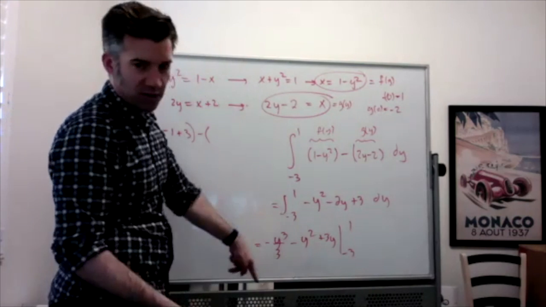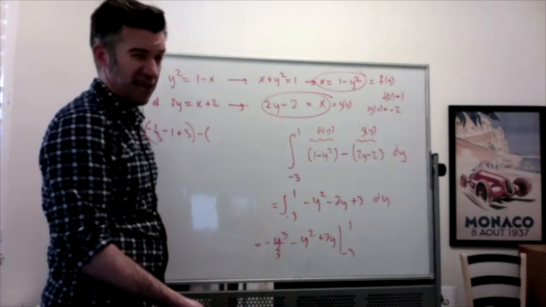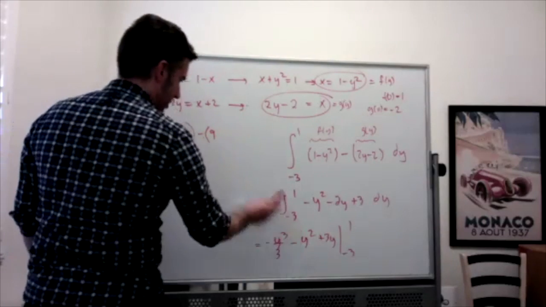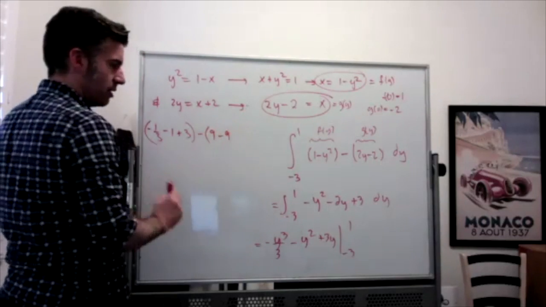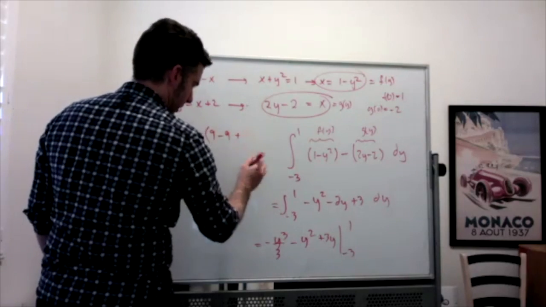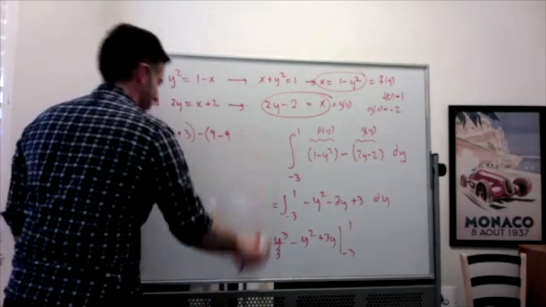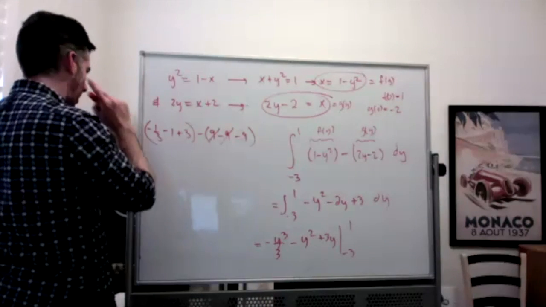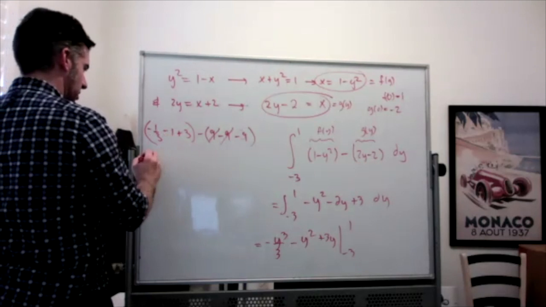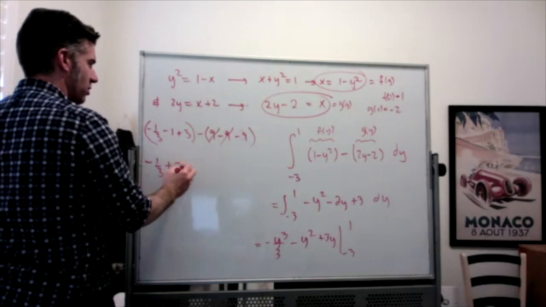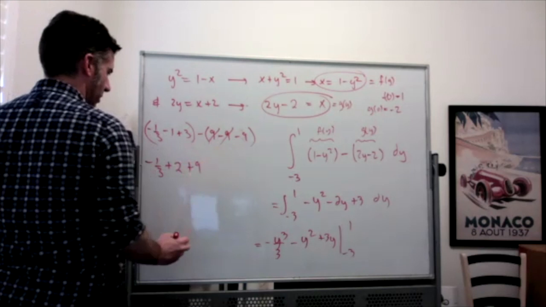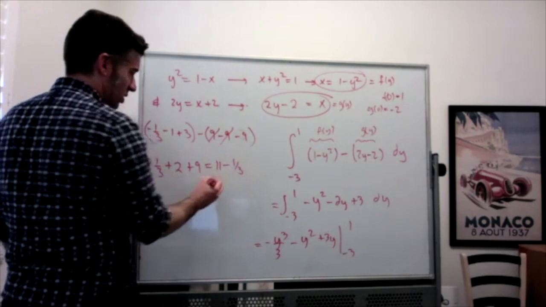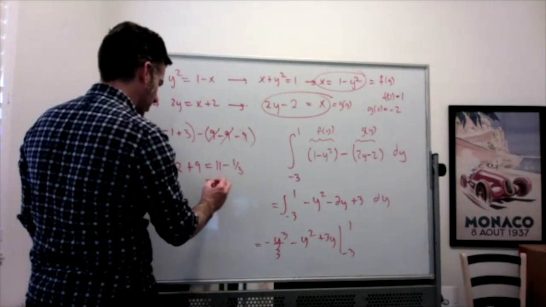Negative 3 cubed over 3 is going to be negative 27 over 3, which is going to be positive 9, minus positive 9 plus negative 9. It's a lot of 9s. Those cancel each other. So let's see, I've got 3 minus 1 is negative 1/3 plus 2 minus 9. So I should get 11 minus 1/3, which is 33/3 minus 1/3, which is 32/3.